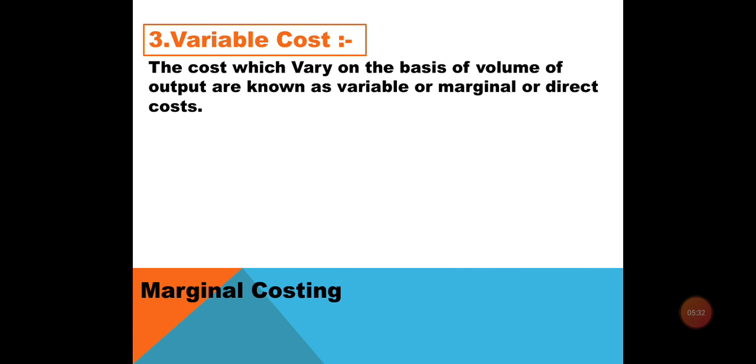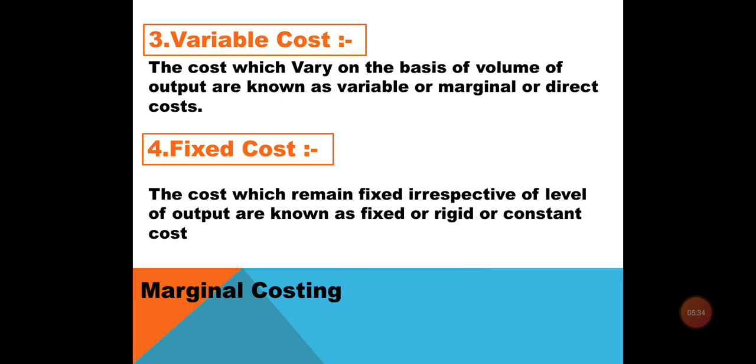Next concept is fixed cost. Fixed cost, the cost which remains fixed irrespective of level of output, is known as fixed or rigid or constant cost. Here you get to know the other names for fixed cost, and those names are rigid cost or constant cost.